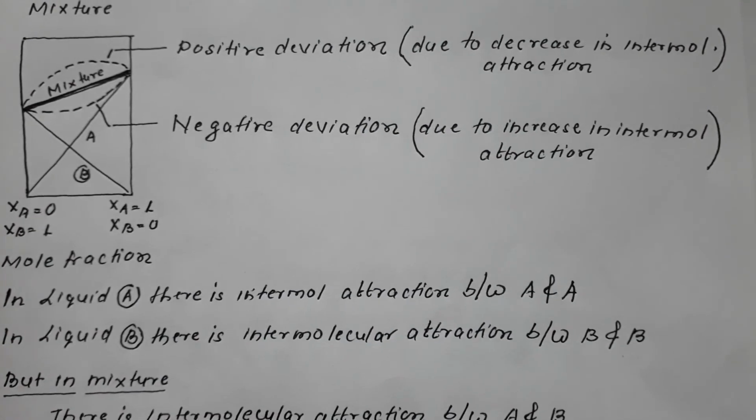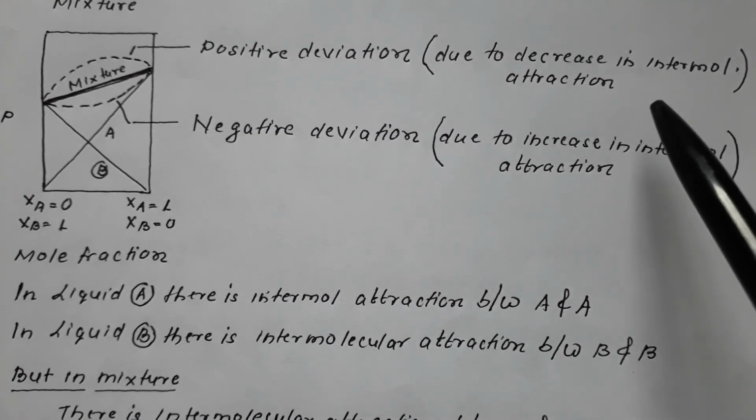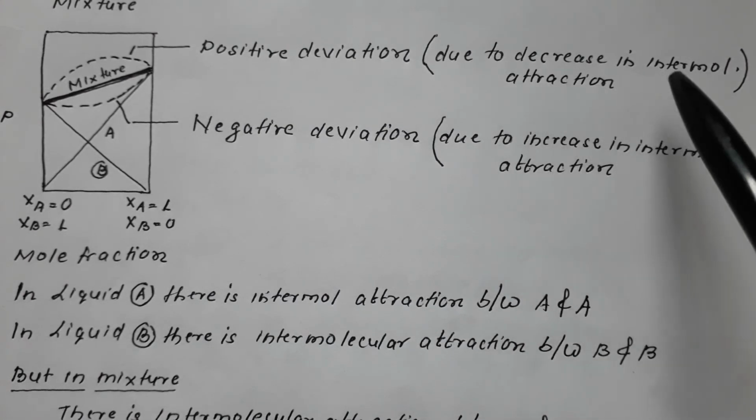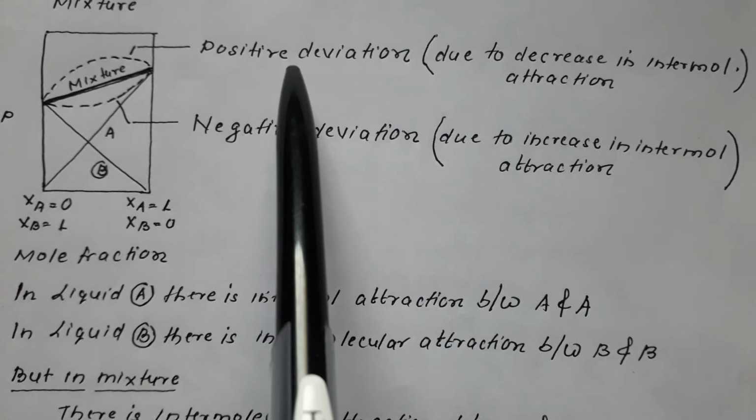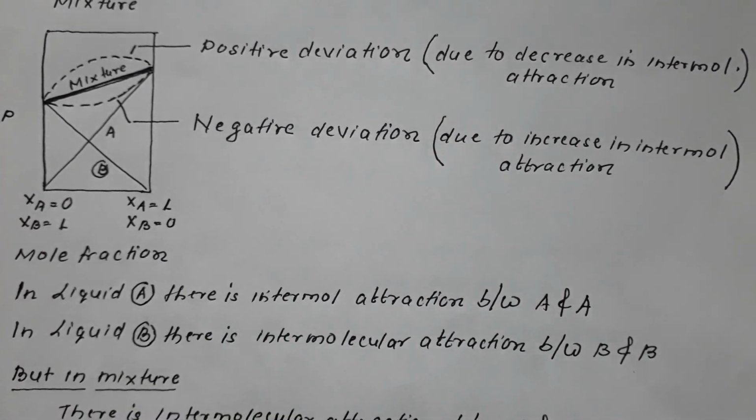If intermolecular attraction decreases, then positive deviation gets exhibited. If intermolecular attraction increases, then negative deviation gets exhibited.